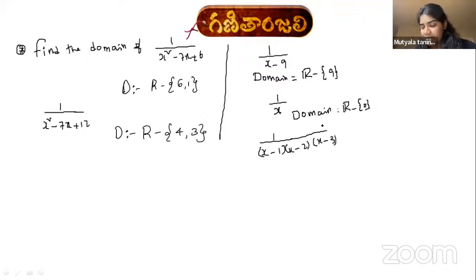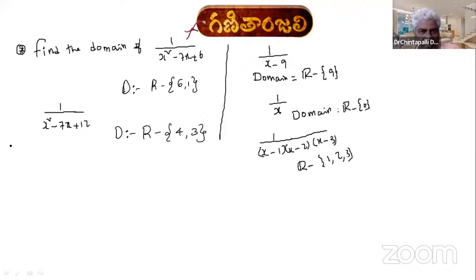Sir, all real numbers except for 1, 2, and 3. Very good, very good. Okay. Let me show you the points there.